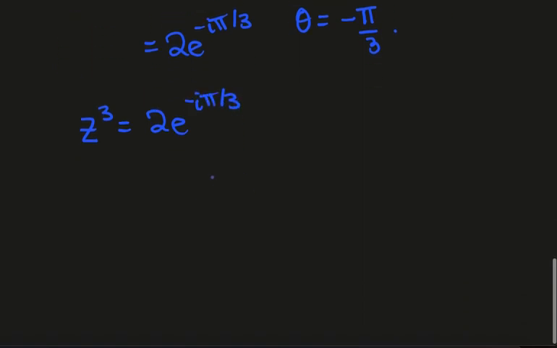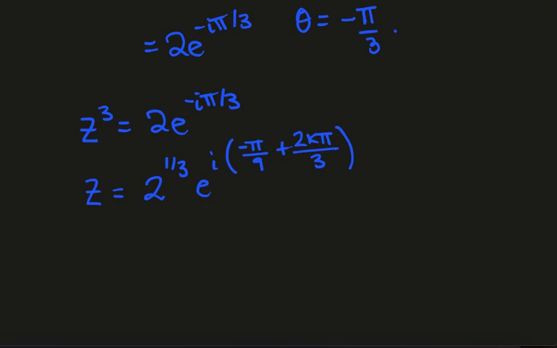Okay, so now we're going to use what I believe is de Moivre's theorem. We're going to take the cube root, so we'll get 2 to the 1/3, and then e to the i, then minus pi on 9 plus 2k pi divided by 3 because of the cube root.